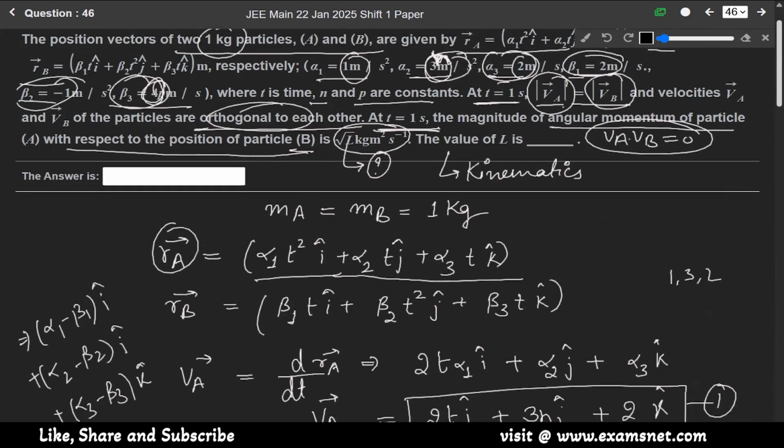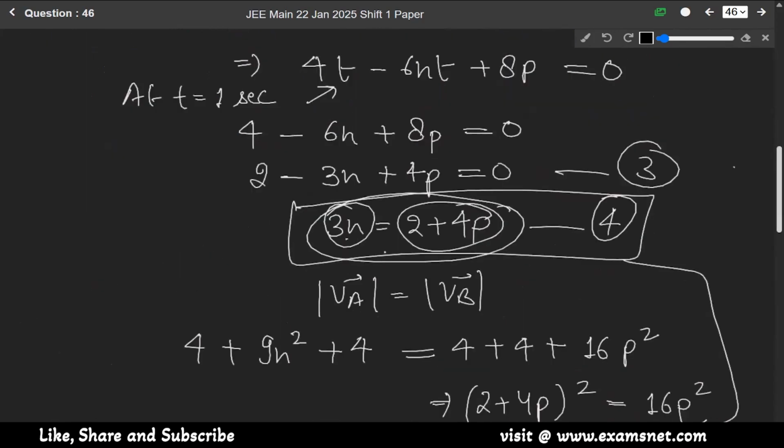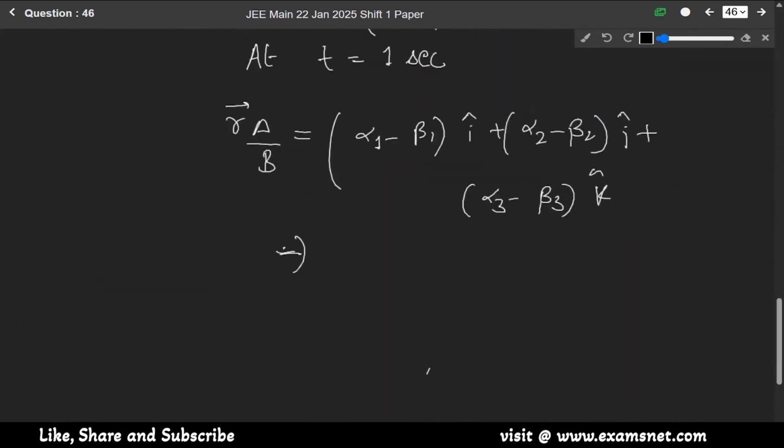Alpha 1 is 1, alpha 2 is 3n, alpha 3 is 2, and beta 1 is 2, beta 2 is 1, beta 3 is 4p.